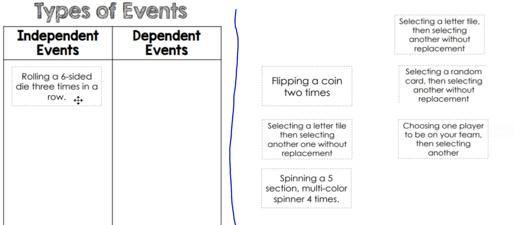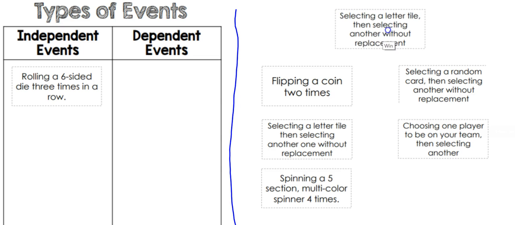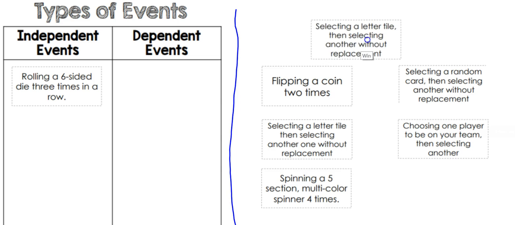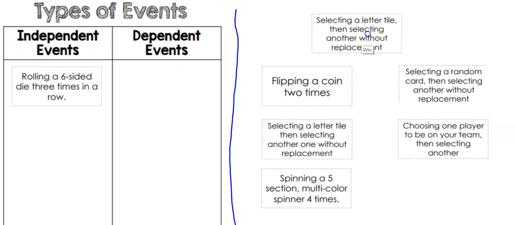Let's look at the next one: selecting a letter tile, then selecting another without replacement. This would be like having a bag of tiles and pulling one out, say you're playing Scrabble, putting it on my Scrabble board, and now picking out another. So I have 2 different events.